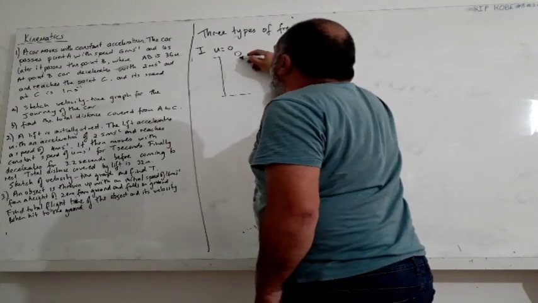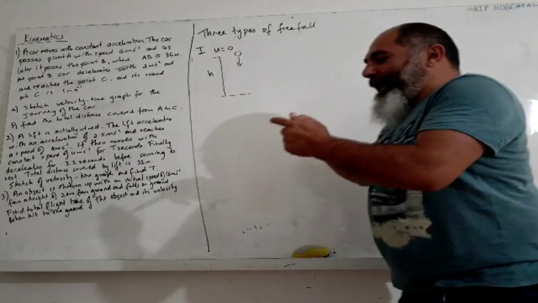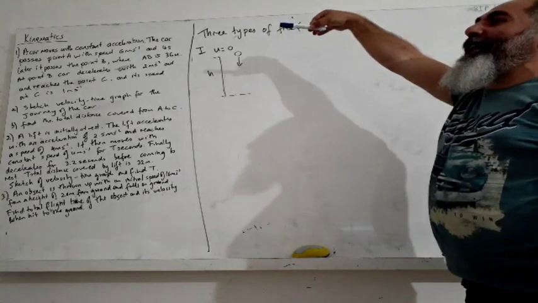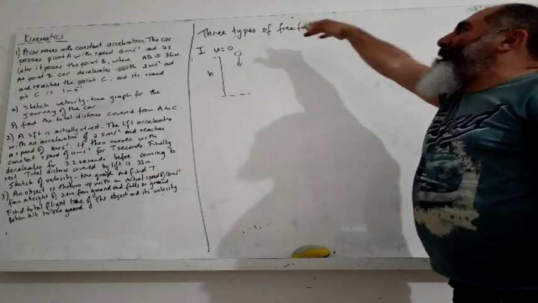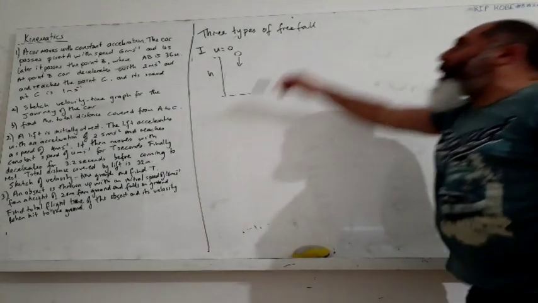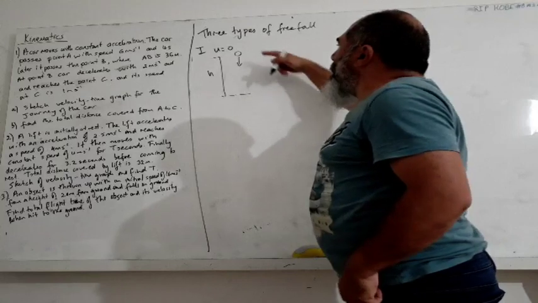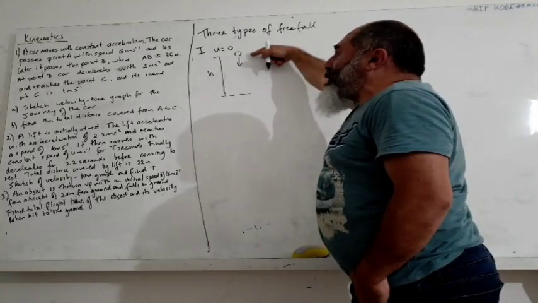We are going to leave the object to fall without an initial speed. It is going to fall freely. Here u is 0. The movement is going to be towards the ground.